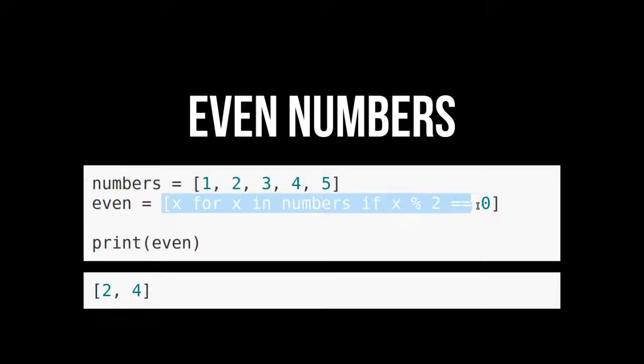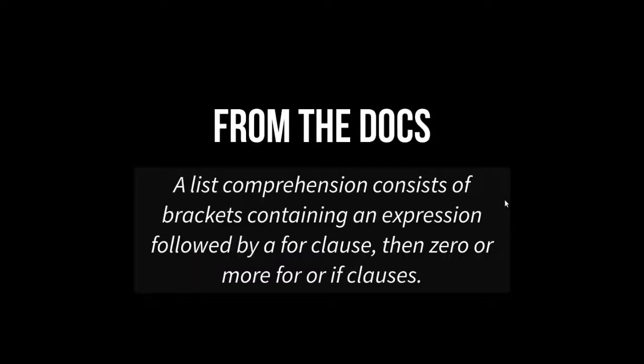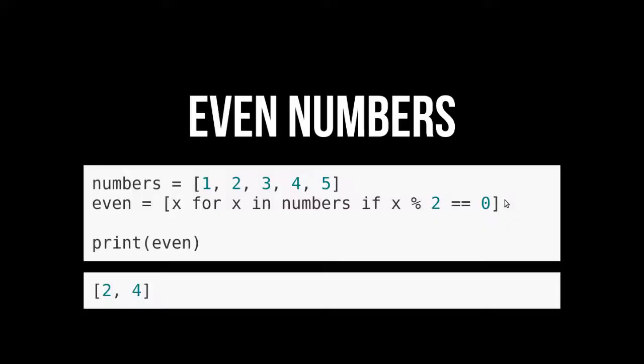So now you're adding a little more logic in there. It's starting to get a little confusing, but go back to that doc. List comprehension consists of brackets containing an expression followed by a for clause, then zero or more for or if clauses. So we have our for statement, for x in numbers, and then we have that if statement.